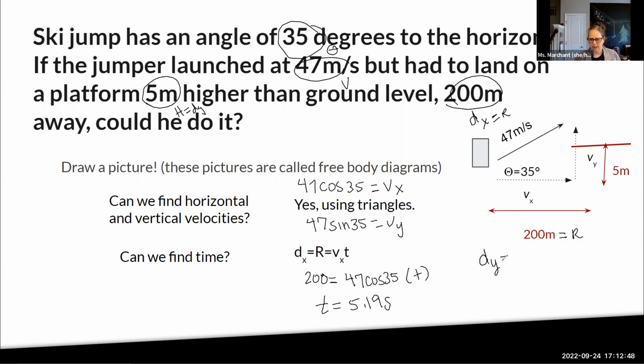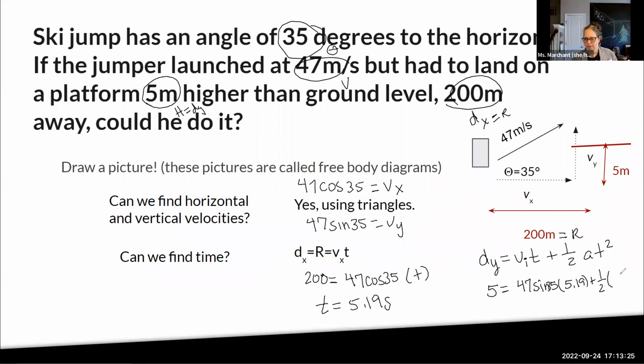Distance in the y is velocity initial times time plus 1/2 at squared. So what do I know here for my distance in the y? Okay, I want it to be 5 because I want to hit that 5. Velocity initial, 47 sine 35 times time, 5.19 plus 1/2 acceleration.